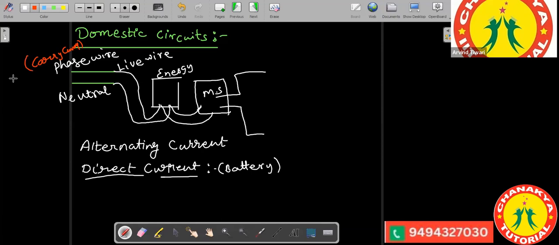We had got here that first the connections are provided to the energy meter. Then after the energy meter, the connections are sent to the main switch. In the main switch or main distribution box, you have a fuse wire.